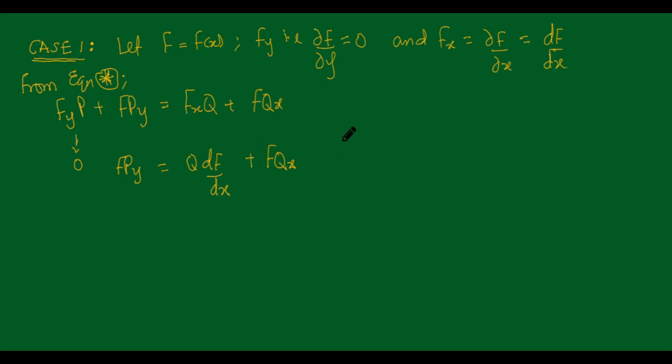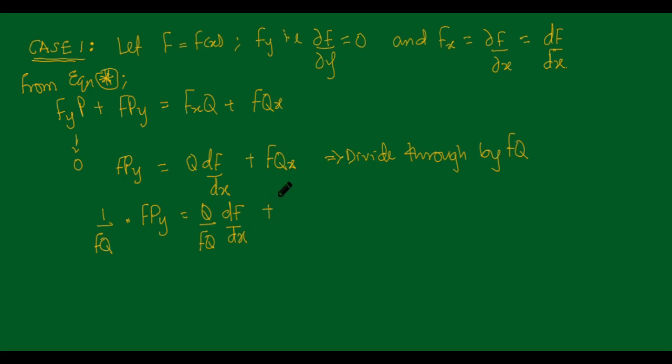Therefore, we can divide through by f q. On doing that, we have 1 over f q multiplied by f p_y equal to q divided by f q df/dx plus f divided by f q multiplied by the partial derivative of q with respect to x.